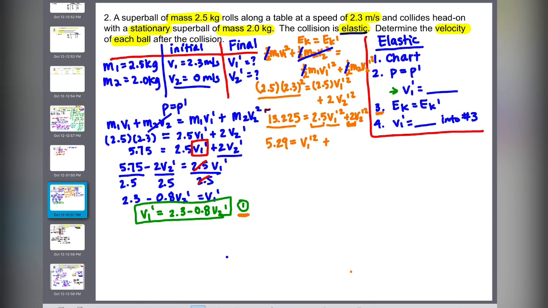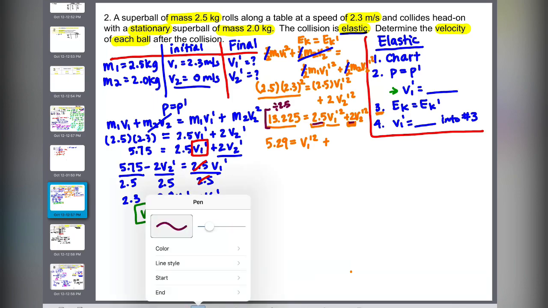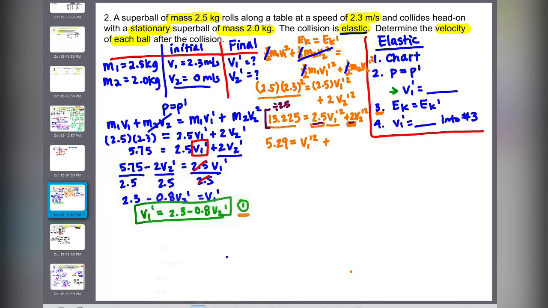What I've done here is I've divided everything by 2.5, so that every single term has been reduced by 2.5. And we already know what 2 divided by 2.5 is, we did that for the other equation. It is 0.8 v2 prime squared.